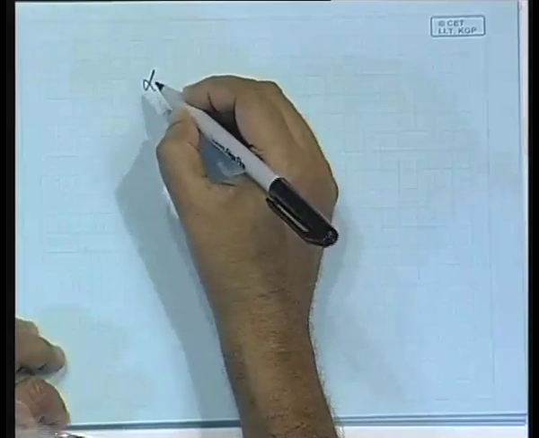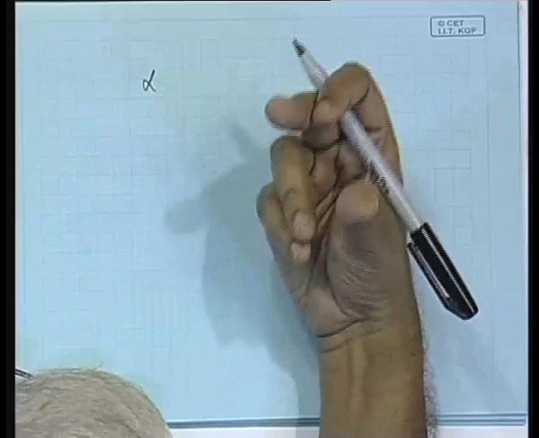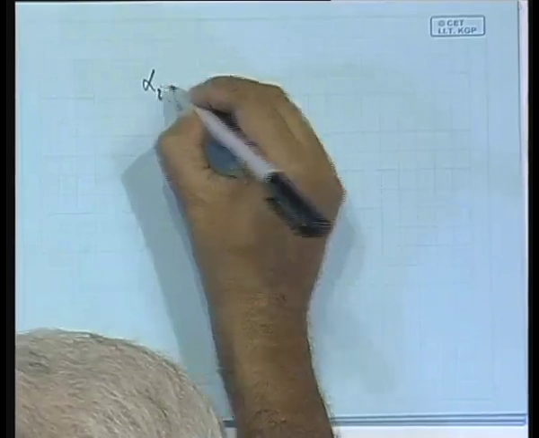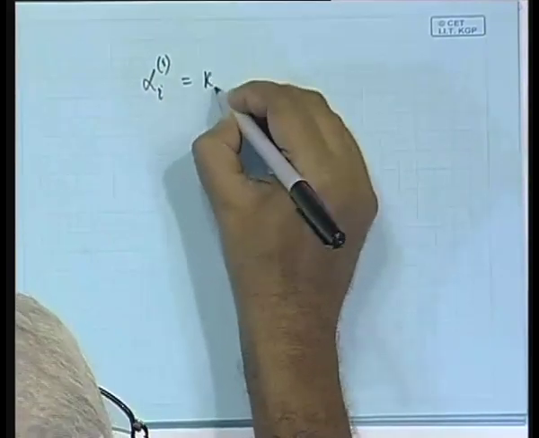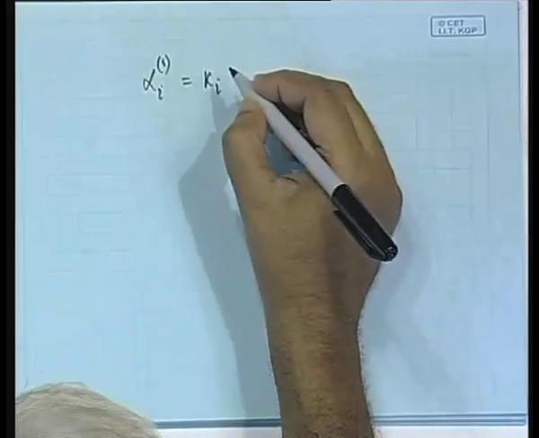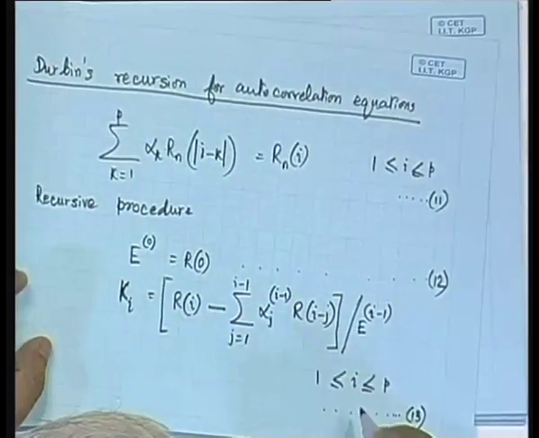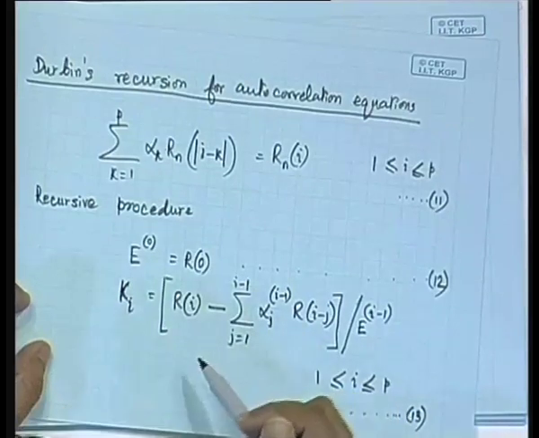Do not worry, I will illustrate that with a very simple example of p equal to 2, that is, with just a second order predictor. So the ith estimate of alpha_i will be equal to k_i. Having known E_0, we will be able to compute k_i. The R_i's are all known to us.